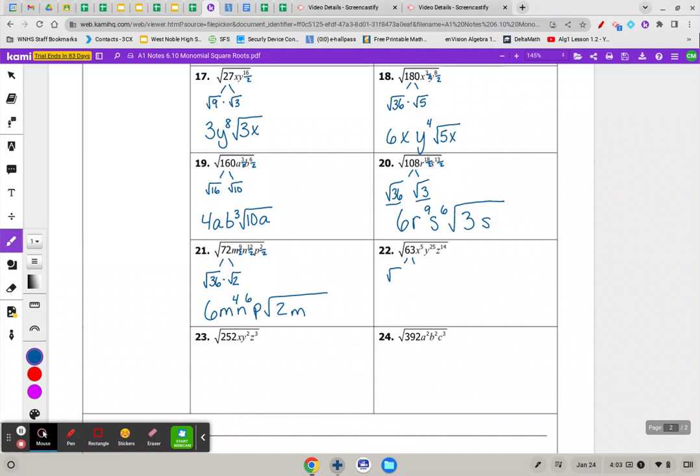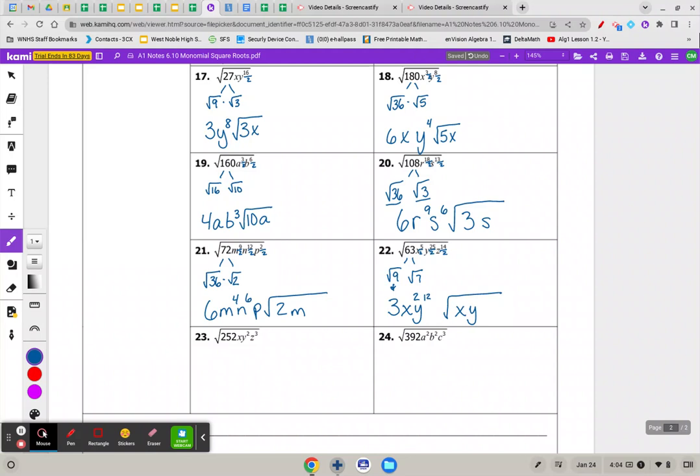(63) Square root of 63 splits into 9 and 7. Divide these all by 2, the exponents. So 3 is what the square root of 9 is. 5 divided by 2 is 2, so x to the second with 1 x left over. 25 divided by 2 would be y to the 12th with 1 y left over.